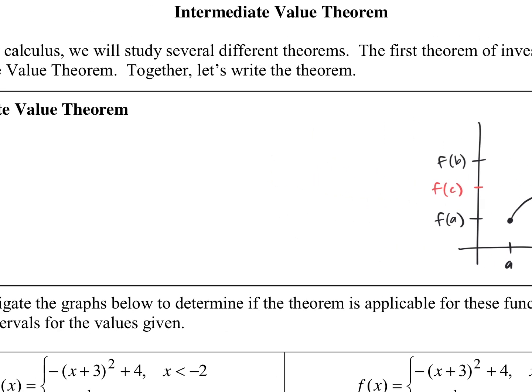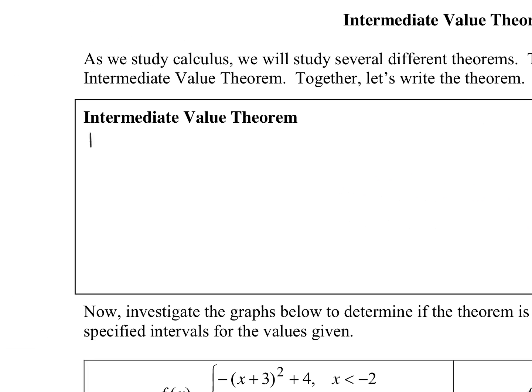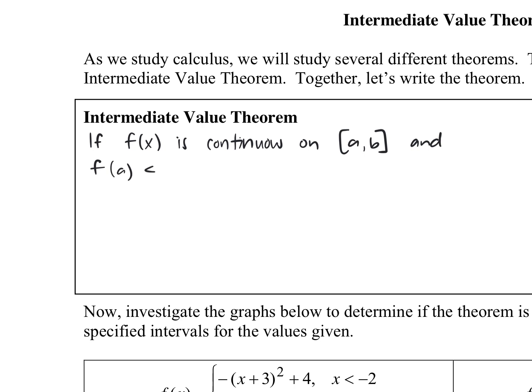What does that look like? We have if f of x is continuous on the interval a to b, it doesn't necessarily have to be the entire function, but it has to be continuous on that interval, and our y values have to exist outside of our f of c value.